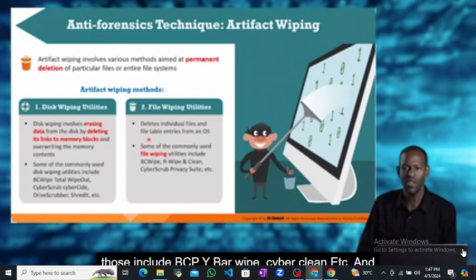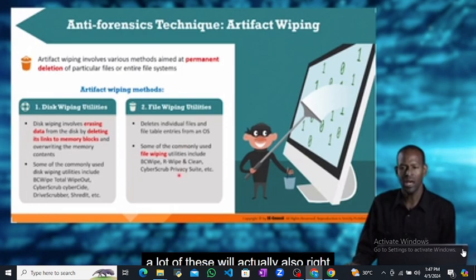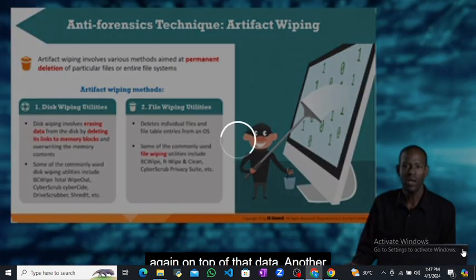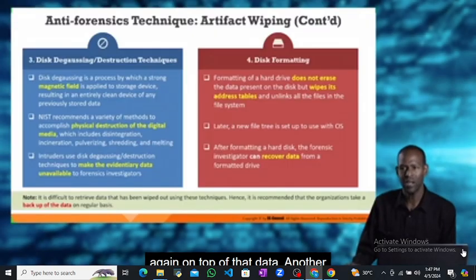And those include BCWipe, R-Wipe, CyberClean, etc. And a lot of these will actually also write ones and zeros over and over and over again on top of that data.